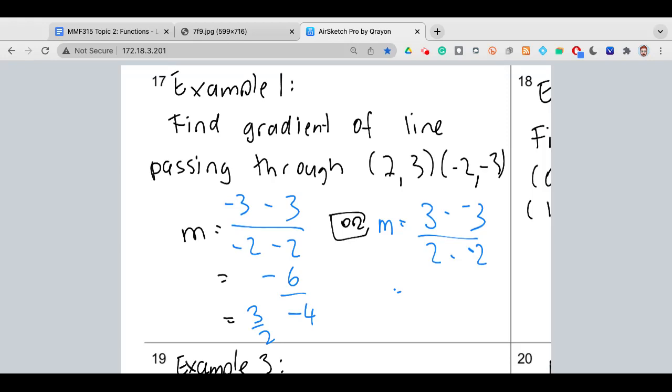I'm going to get 3 plus 3, because minus is a plus, 6. 2 minus 2 is positive 4, and I'll get 3 over 2. So you can see that it doesn't matter which one I call x1, y1, and which one I call x2, y2, as long as I'm consistent. So there's one pair, there's the other, because the negatives will cancel out. So you'll end up with the right gradient regardless.